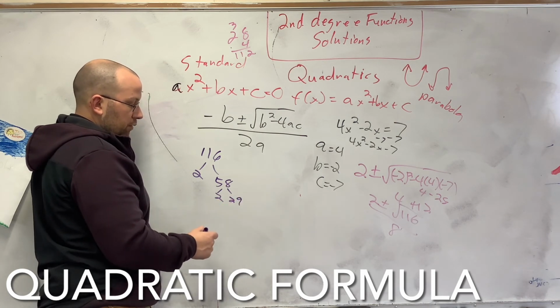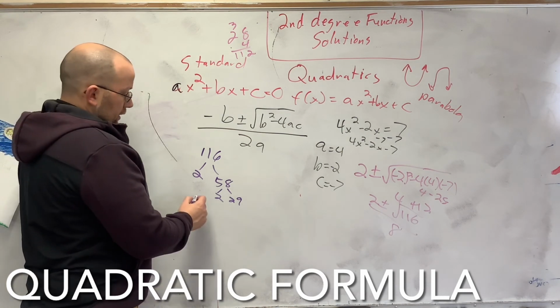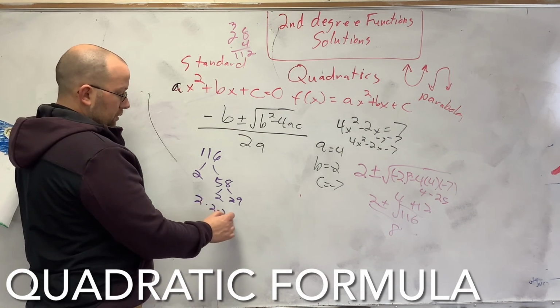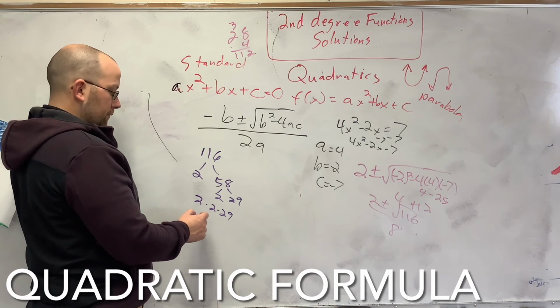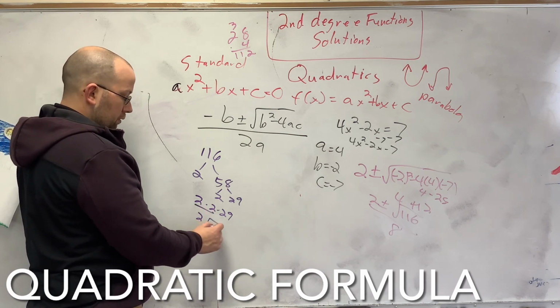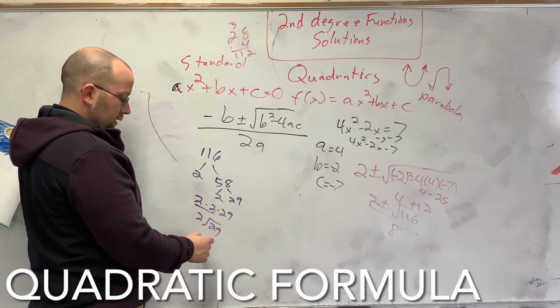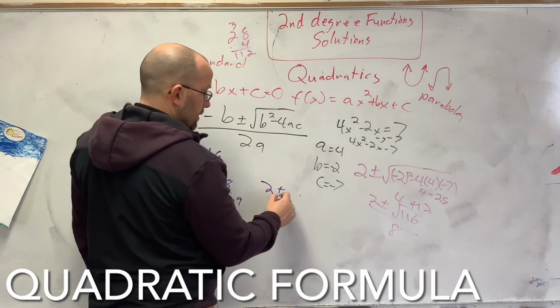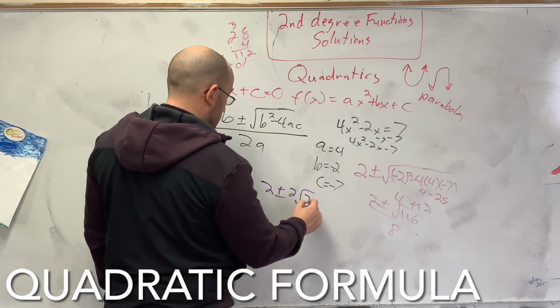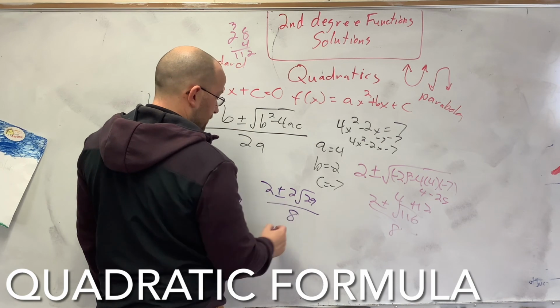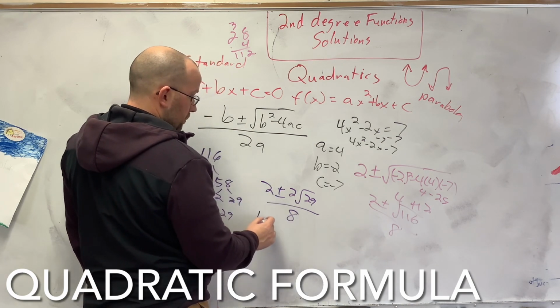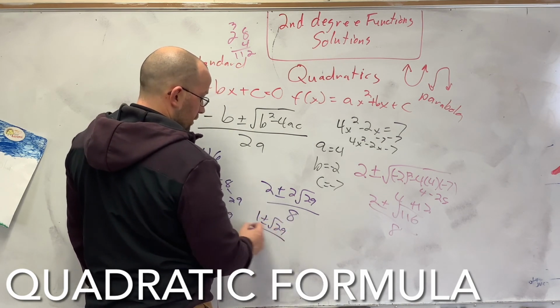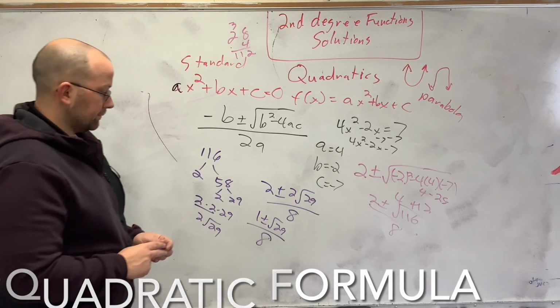So I can only take 4 out of it. 2 times 2 is 4, so 2 square root of 29. So 2 plus or minus 2 square root of 29, over 8. Simplify it down to 1 plus or minus the square root of 29, over 4.